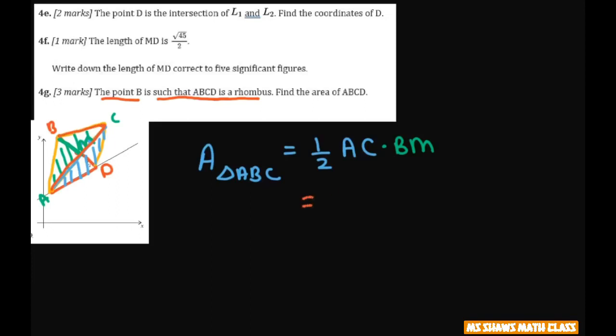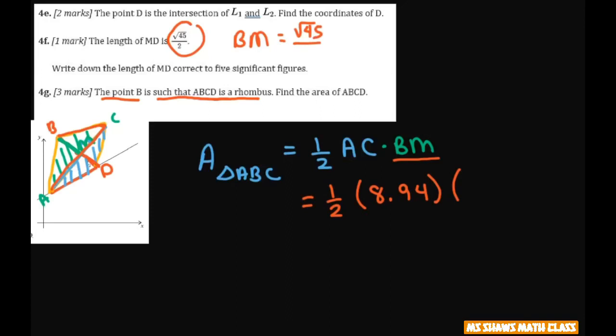So that's going to equal 1/2 AC. We already did that part. That was the square root of 80, or 8.94. And if that's MD, then BM is also square root of 45 divided by 2.